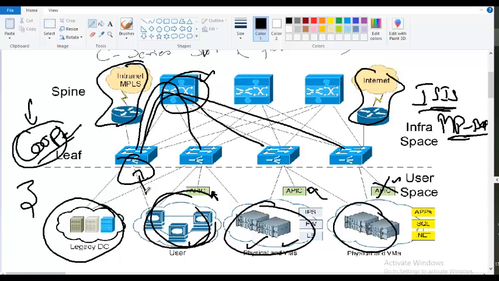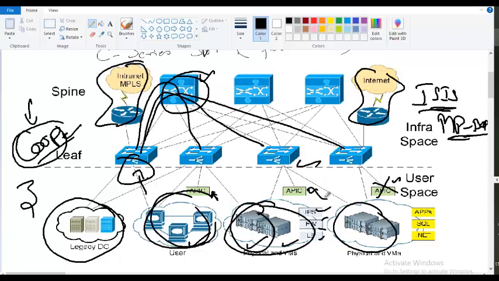All right, so there are various types of leaves. Border leaf connects to the external domain servers. This is a border leaf. There is compute leaf, the one which connects to the servers. Service leaf is the one which connects to the firewall and load balancer.